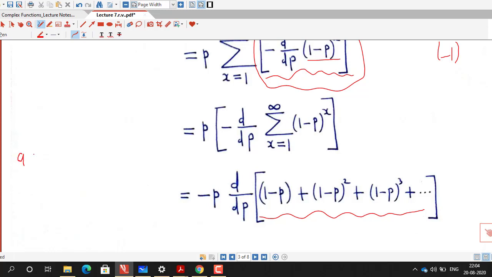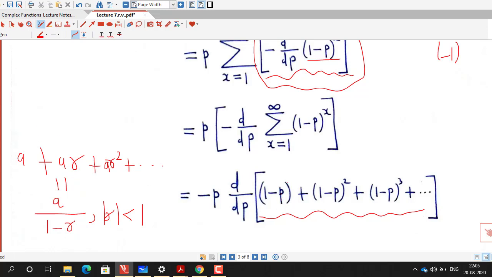And if you recall, if we have geometric series a plus ar plus ar square and so on, then if modulus of r is less than 1, then sum of this infinite series is given by first term, that is a divided by 1 minus r, where r is the common ratio.